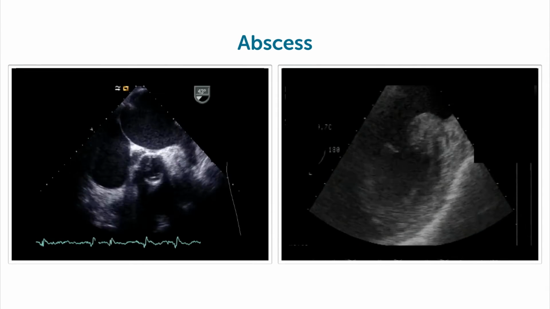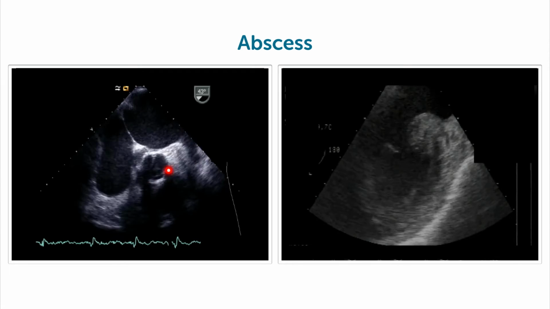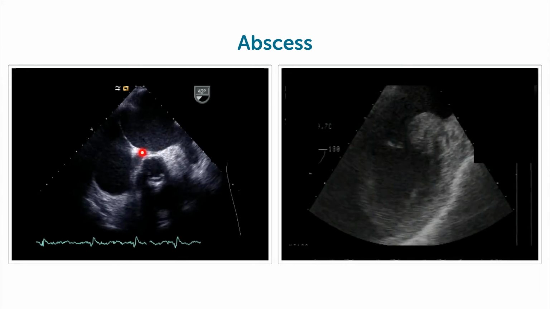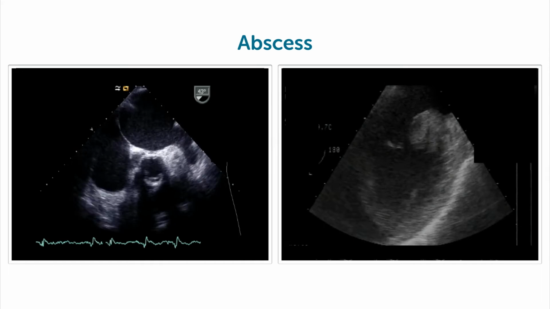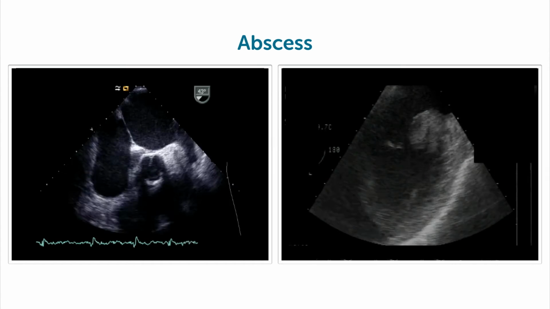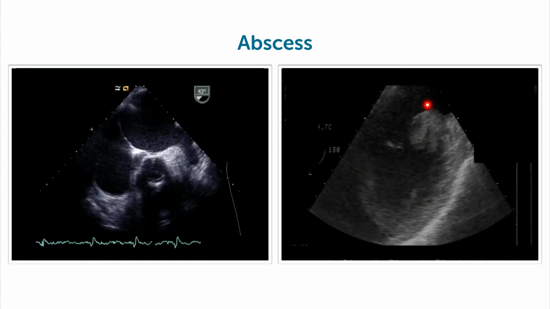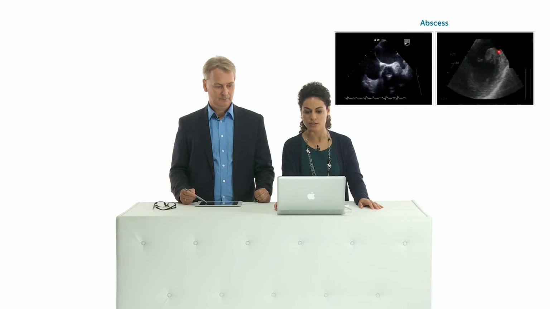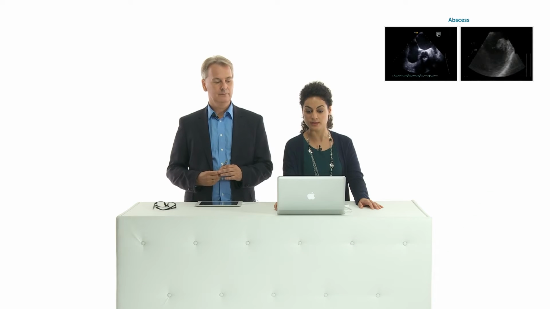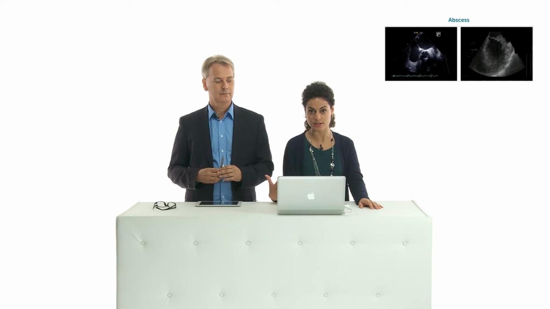Another complication is abscess, as we showed you in our example, and here the infectious material is all around the aortic valve, so involving the fibrous tissue, and on the right loop you can see it's invading also the myocardium. So extremely difficult to operate on these patients, and extremely high is the risk of dying.